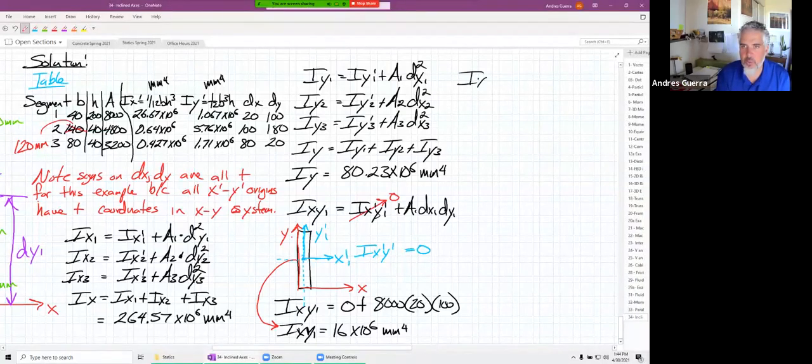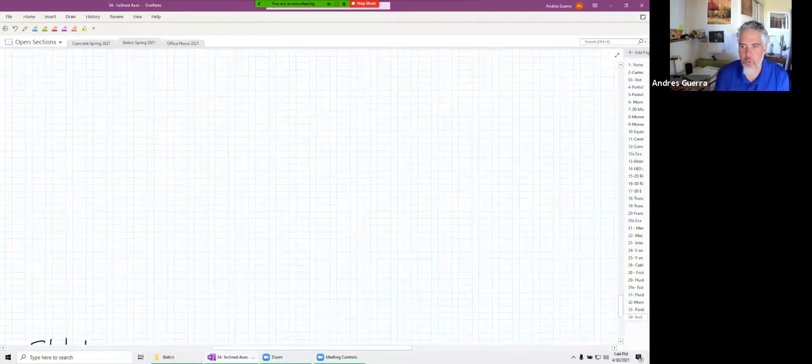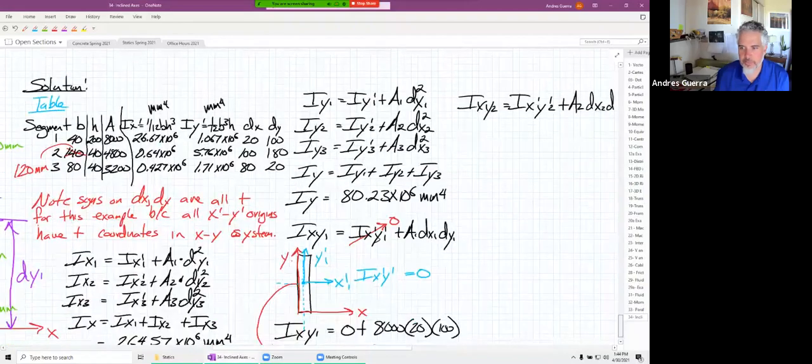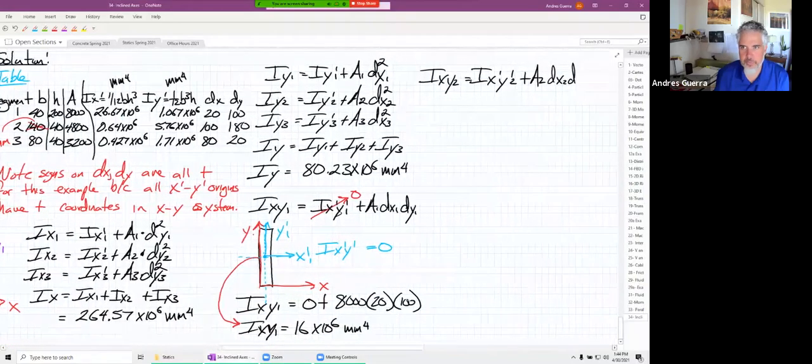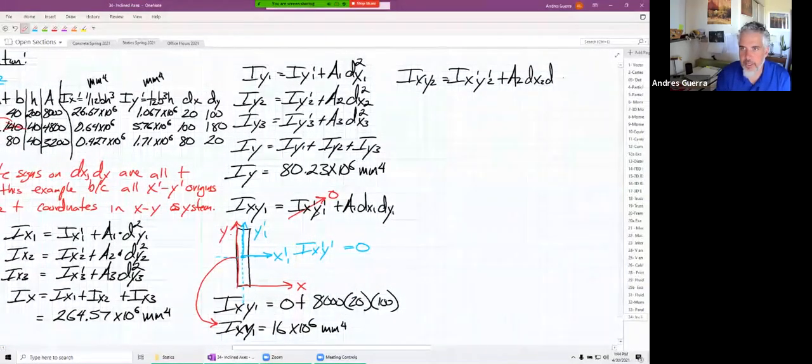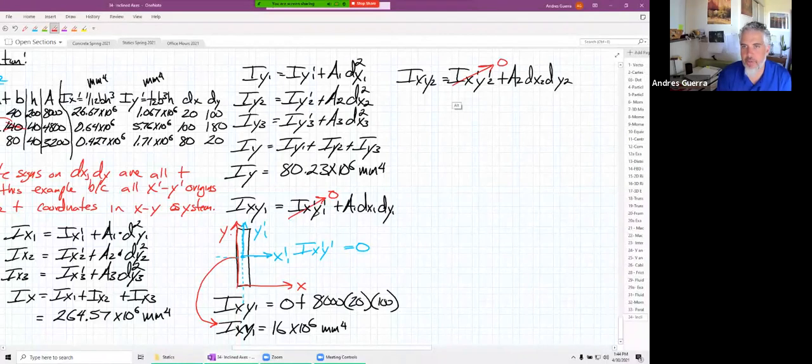Now, Ixy for segment 2 is going to be Ix prime Y prime for segment 2 plus A2 times dx2 times dy2. Now again, this will be 0 because it's about the centroid of segment 2.